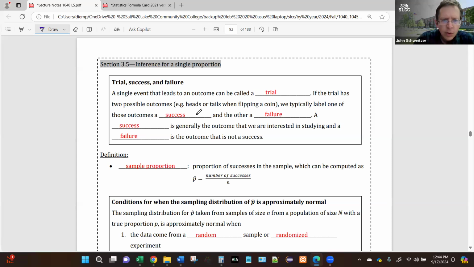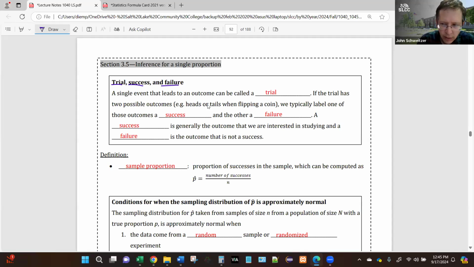Okay, so we've talked about some of this before, right? We've used language like trial, success, and failure. A trial is a single event that leads to an outcome. We've always been looking at categorical data so far, so we've had successes and failures.